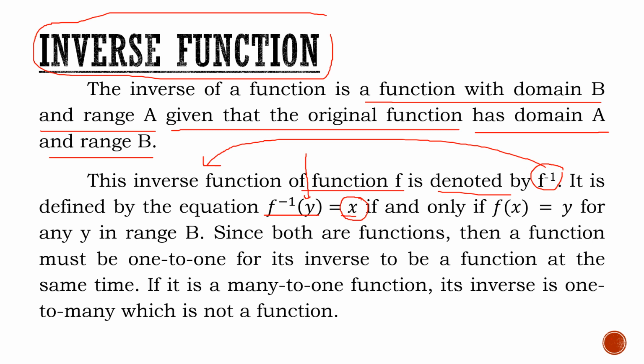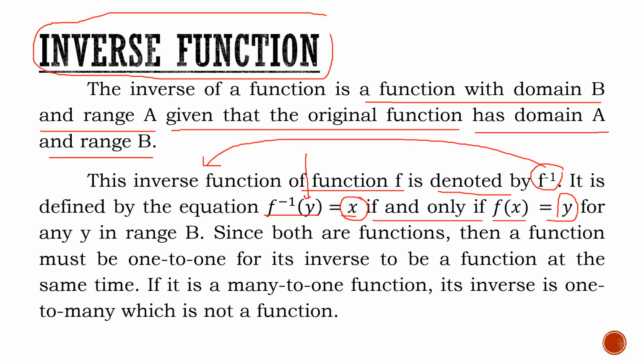So meaning to say, whatever your domain in your original function, that will be your range in your inverse function. It's the same thing with the range of your original function to the domain of your inverse function. So we need to satisfy this one if and only if f of x is equal to y.